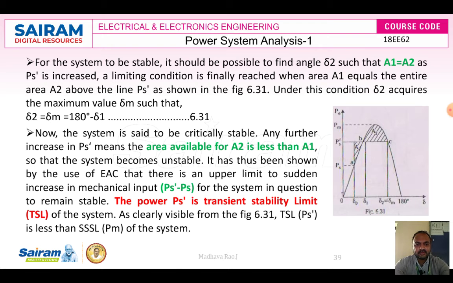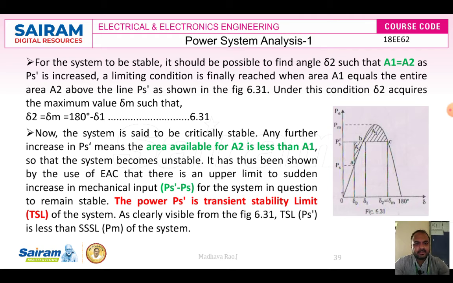Similarly, for the system to be stable, delta 2 should be found such that A1 is equal to A2 as PS dash increases. The area A1 is equal to the area A2, so both areas are equal and the system is in a stable condition.